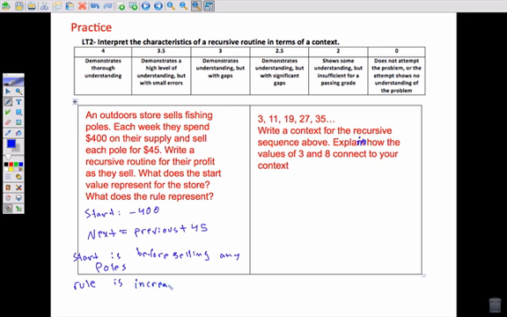So it's an increase in profit by $45 per pole sold.